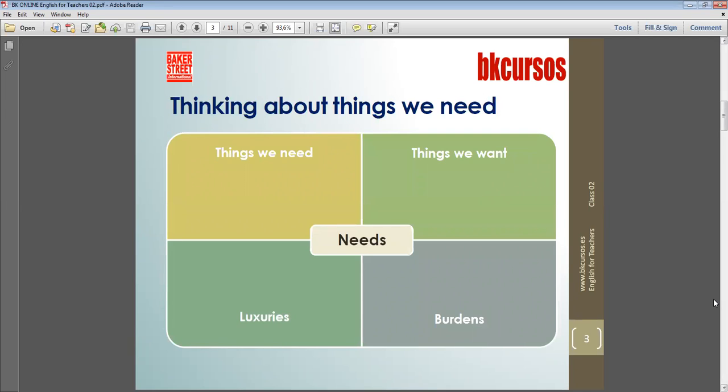Okay. So we're going to do our mind map about vocabulary. I want you to think, I'm just going to go around each of you, if you can tell me things we need. Monica, tell me something we need. In general. In life. Food. We need to eat, so we need food. To eat, of course. All right.